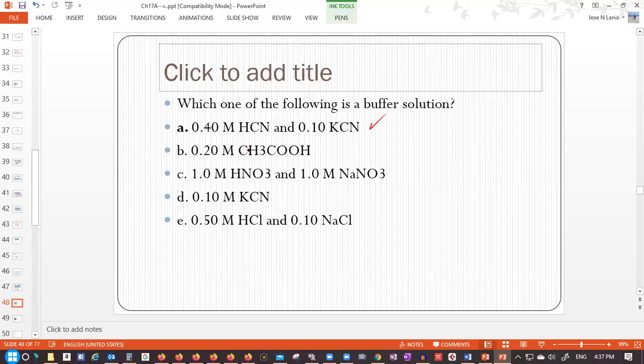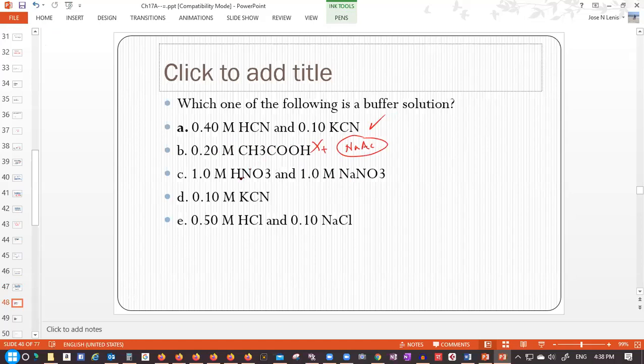This one is a weak acid solution. Is it a buffer? No, something is missing. In order to be a buffer, it would need a salt, like for example sodium acetate. That will make a buffer. So right now, it's not a buffer. This is missing.